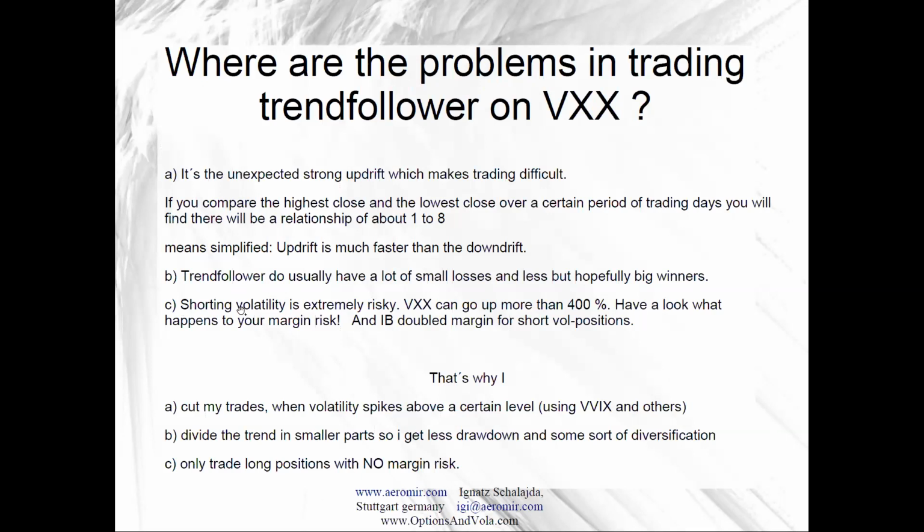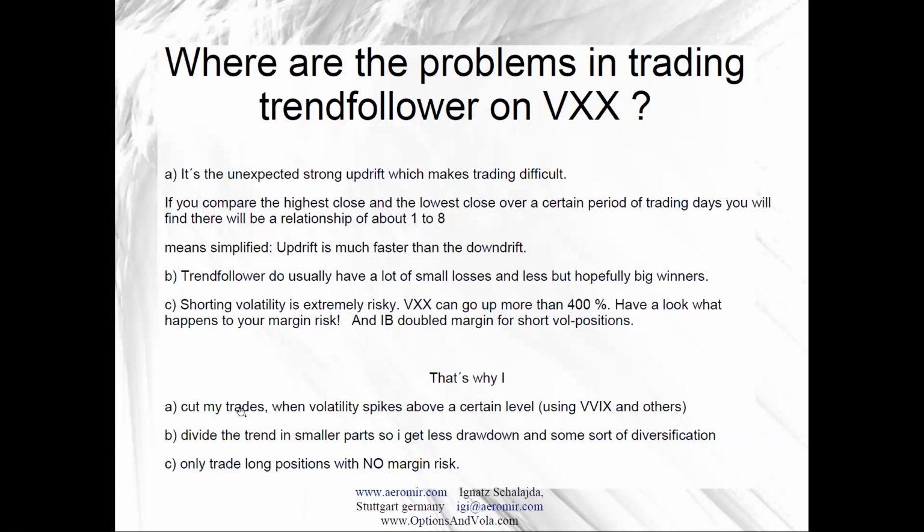Another thing is that shorting volatility is extremely risky. As I said before, VXX can go up more than 400%. And if that happens, have a look at what happens to your margin risk. For example, IB doubled margin for all short volatility positions.